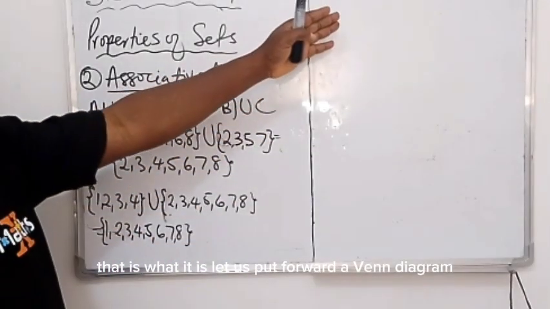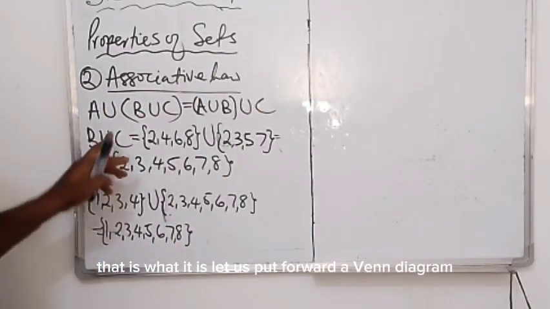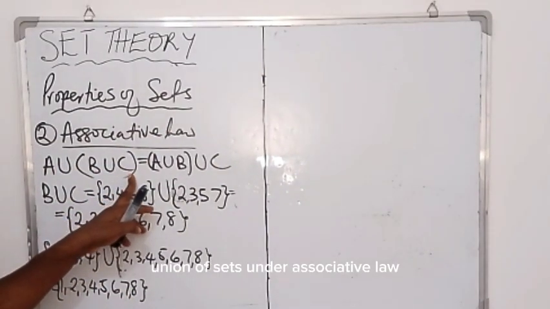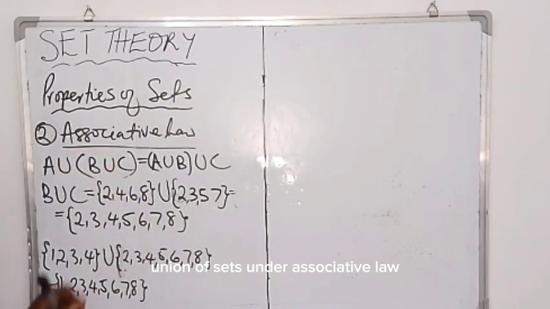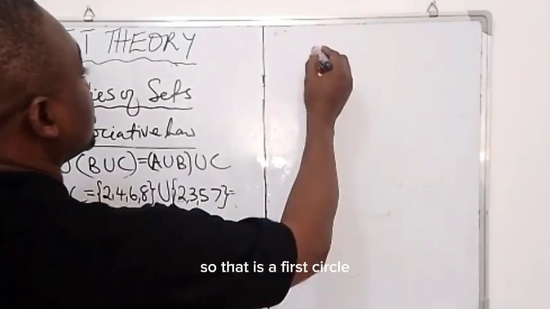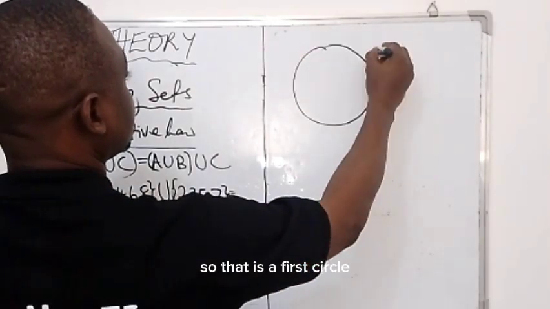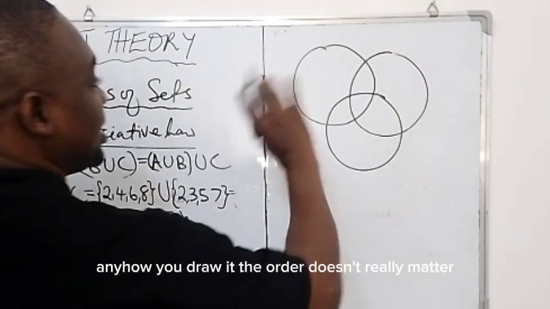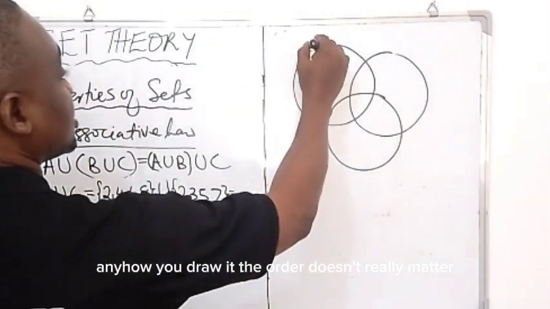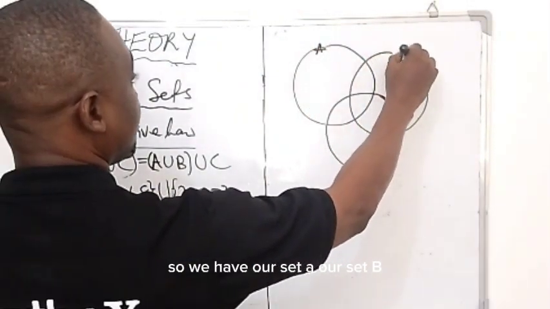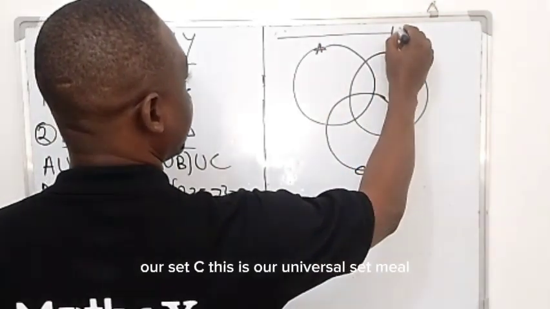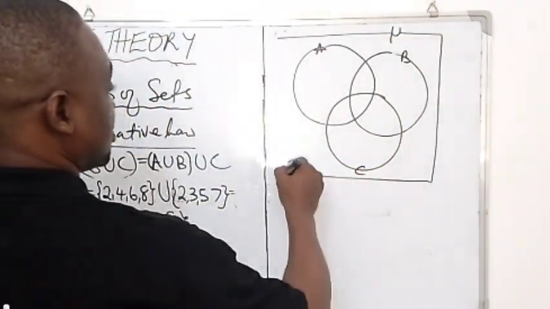Let us put forward a Venn diagram representation of this union of sets under associative law. We'll come up with 3 subsets. So that is a first circle, a second circle, and a third. Anyhow you draw it, the order doesn't really matter. So we have our set A, our set B, our set C. This is our universal set mu.